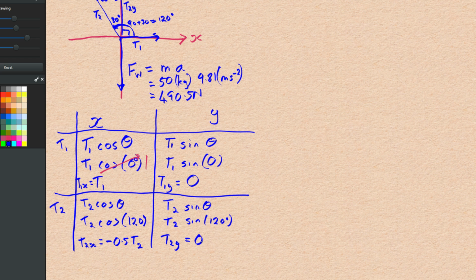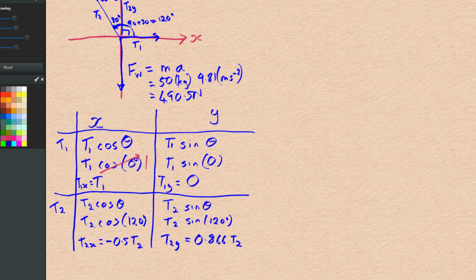No need to be too exact here. 0.866 lots of T2. Now, this T2 is just the magnitude of T2, and that's how much we're using for the y component. And can you see that when we took cos of 120, it told us it was in the minus x direction, which is why I like this method, measuring from the x-axis going anti-clockwise for our angles.